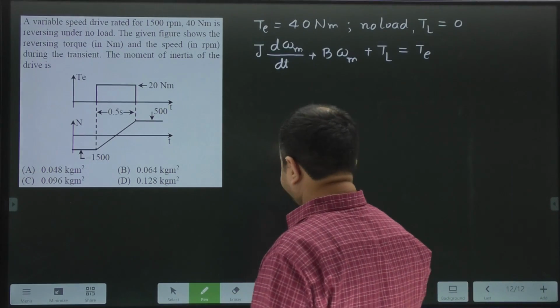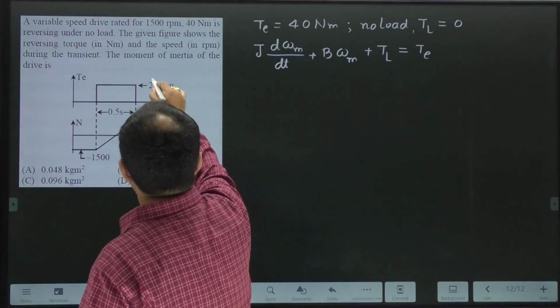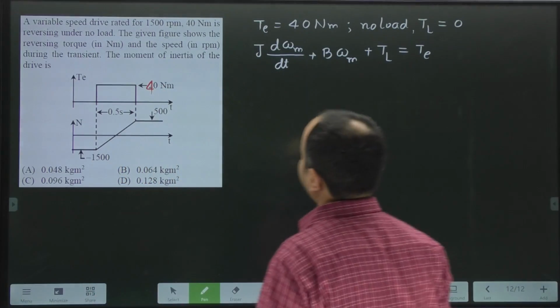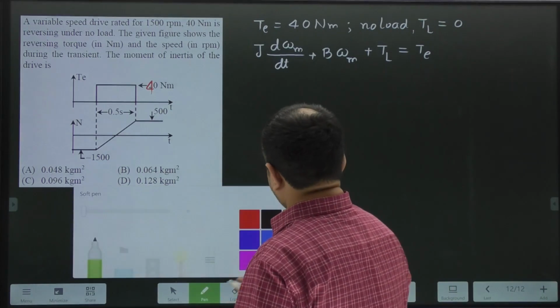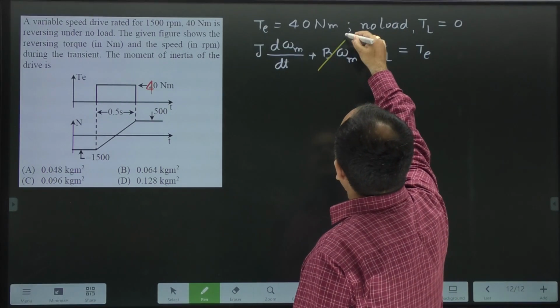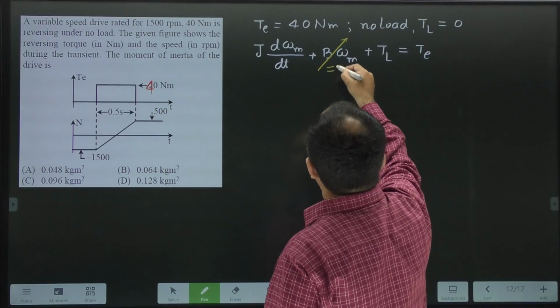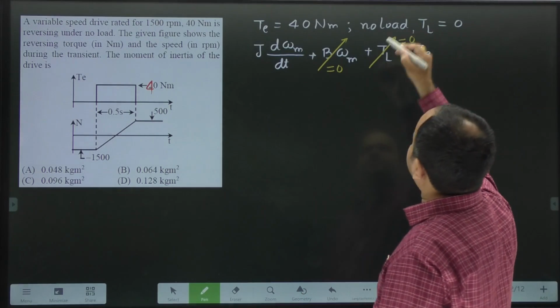Now, strictly speaking here, this is a 40 Newton meter. Now here, let us assume that as a coefficient of friction is not given, let us assume it is 0. TL anyhow it is mentioned 0.